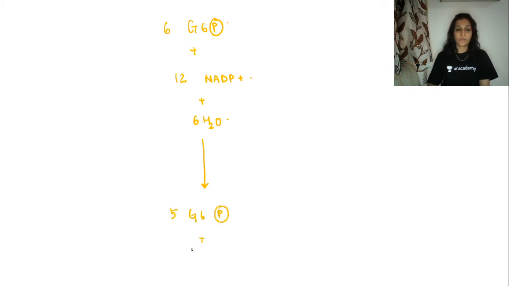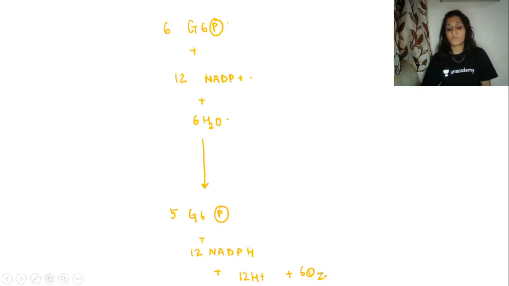In the end, we are going to get 12 molecules of NADPH, 12 protons, plus 6 molecules of carbon dioxide. So this is how the whole process of the HMP shunt occurs.